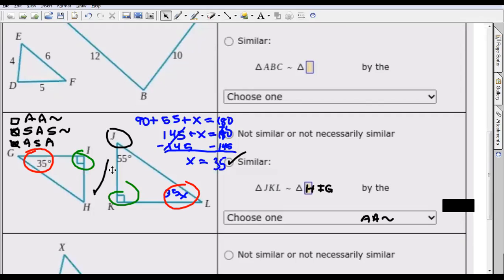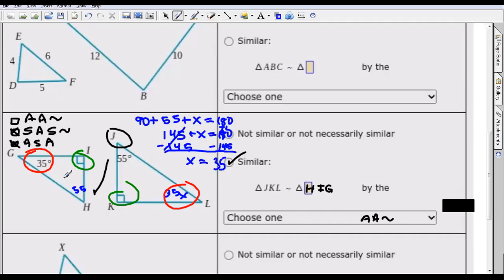The J is 55, that means this is 55, so J is to H. K is a 90-degree angle, and the 90-degree angle over here is I. And the L is a 35-degree angle, the 35 would be G. You gotta be careful because the triangle is facing differently.